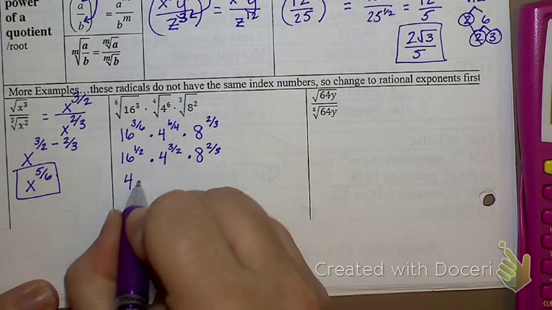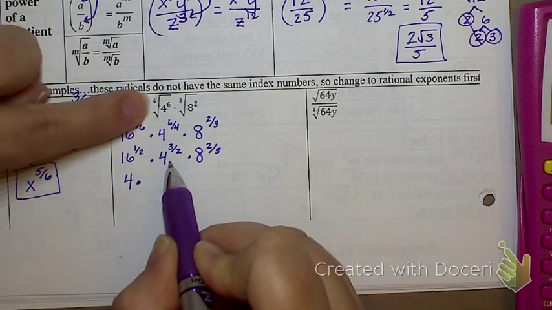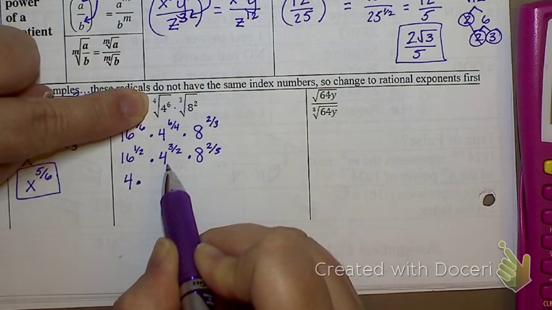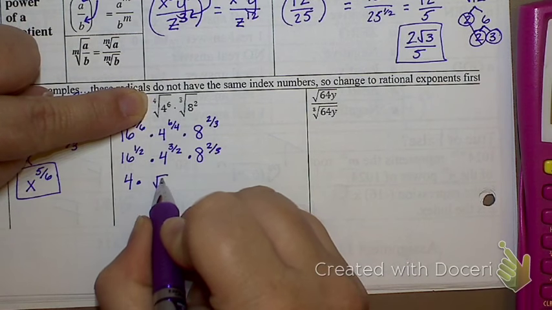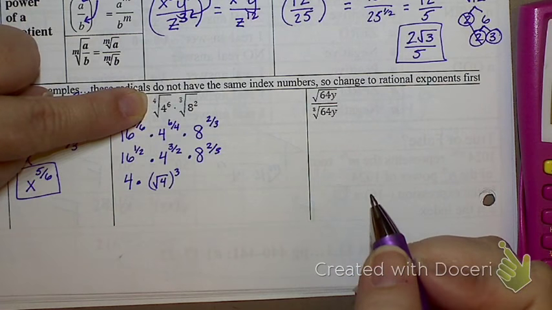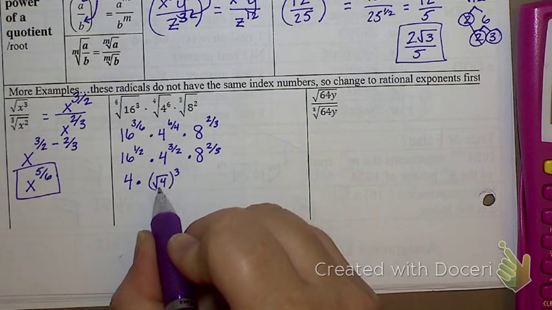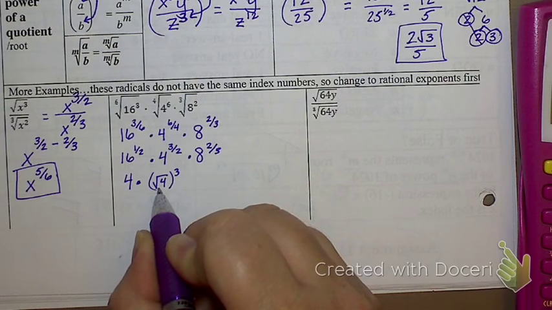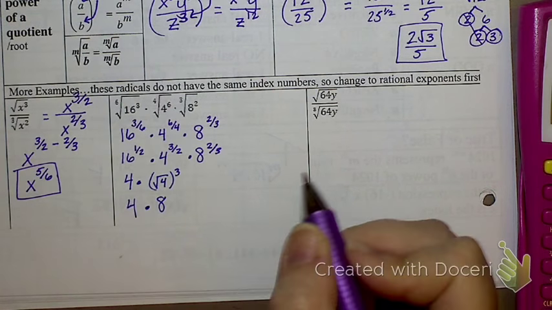Now, I think I can do something with this if I write it in the other radical form. Remember, this is the same thing as the square root of 4 cubed. Do you remember that? What is the square root of 4? 2. Cubed is 8. That's easier, isn't it?